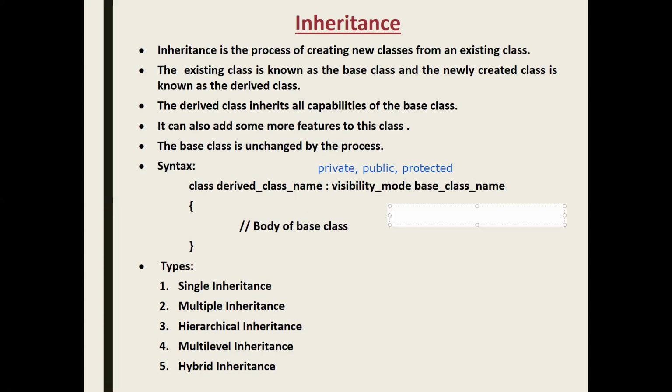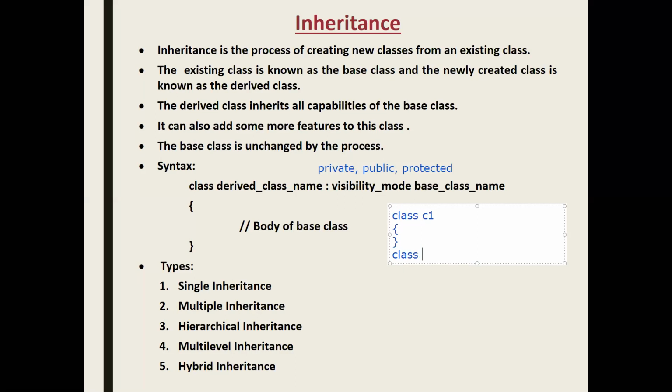Suppose this is class 1, class C1. Now how to inherit this into class 2? Class 2, colon, public, class public C1.